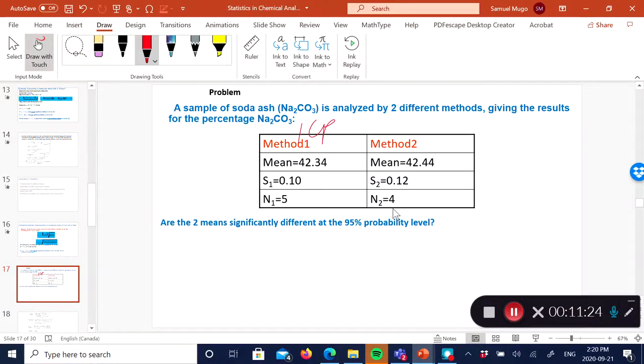Maybe the other method could be titration, just as an example. Okay? And so the question is, are the two methods significantly different at 95% confidence interval? Are these two results statistically different? That's what you're trying to evaluate.